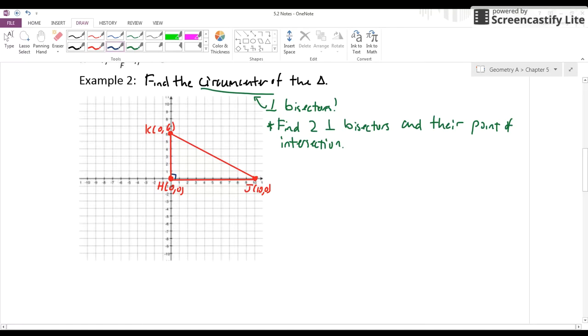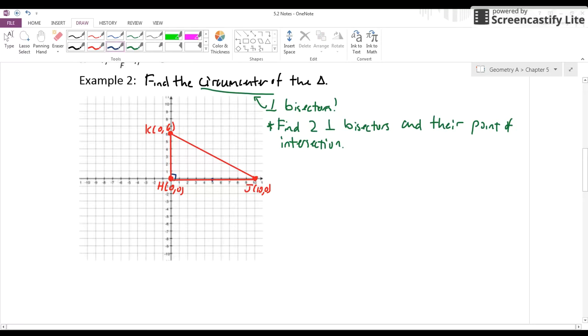And this makes finding a perpendicular bisector super easy, because if we've got a horizontal line, I can cut that in half, no problem, right? I can just go 1, 2, 3, 4, 5, 6, 7, 8, 9, 10, divide that by 2, and know that here is the midpoint, right?